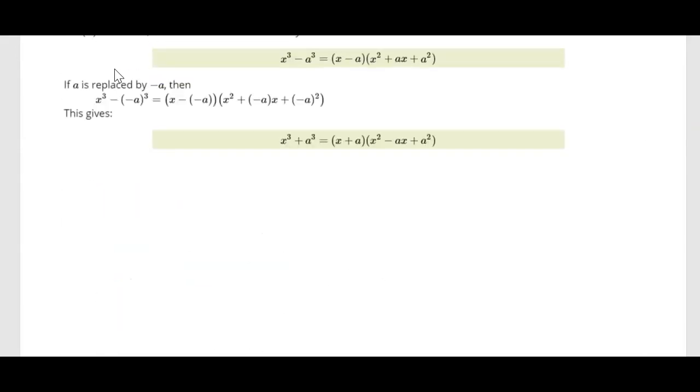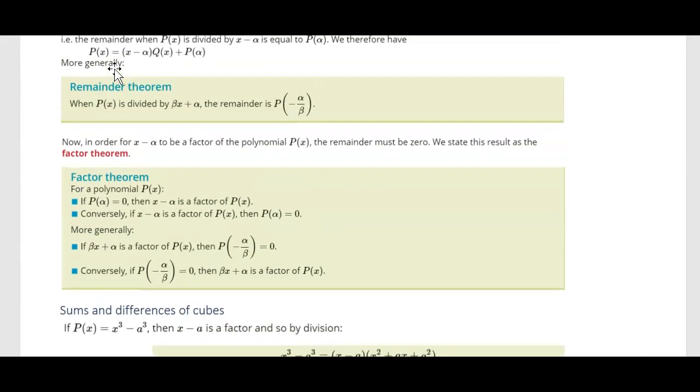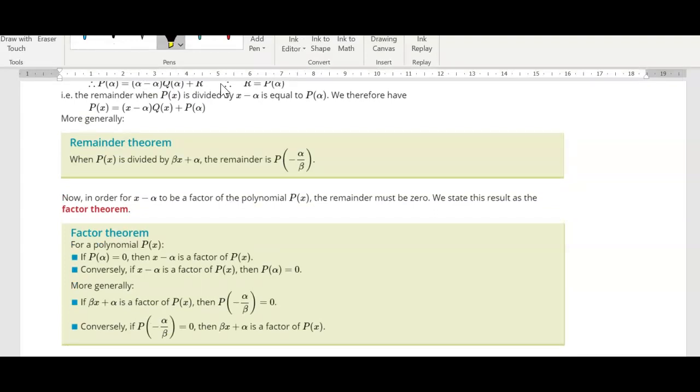Let me go back up here because I don't want to change the terminology. Okay, so we've got this, and we're going to substitute in negative alpha on beta.